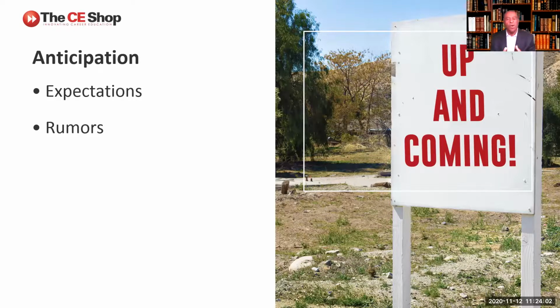The movie industry always teases us by using trailers about an upcoming movie, just piquing our interest. But in real estate, anticipation is sort of the same. In practice, it's about anticipating present and future values of properties.